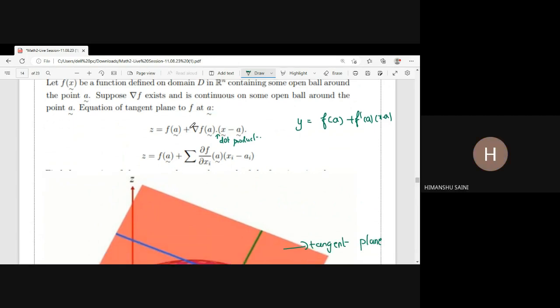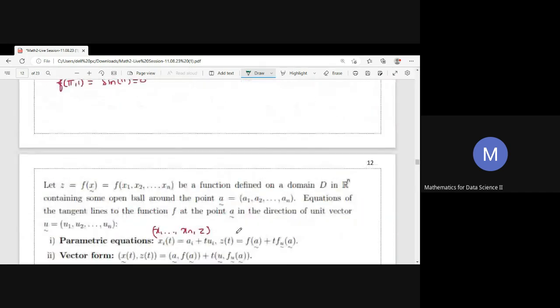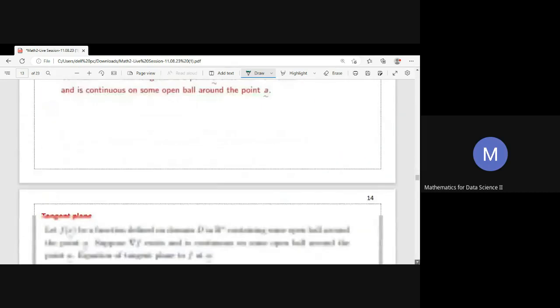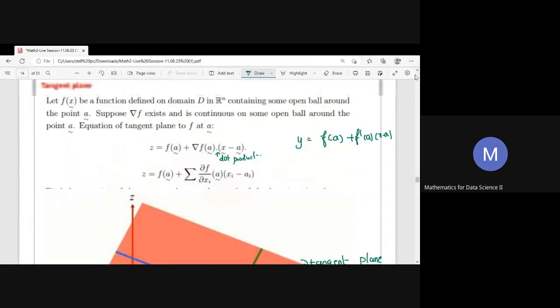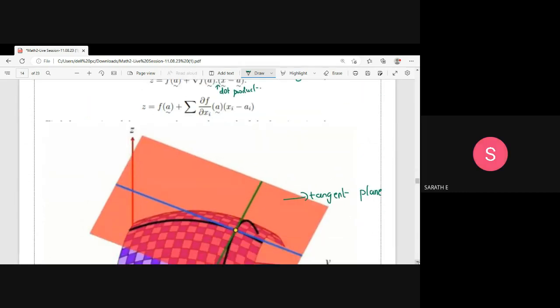The tangent line thing I also didn't get. Actually, it is the dot product; whatever equation you have taken here, using that only they have derived this. So you want the derivation part of how we got this, right? I can do the questions, but I have no visuality. You want to understand it visually, like how this is happening here.